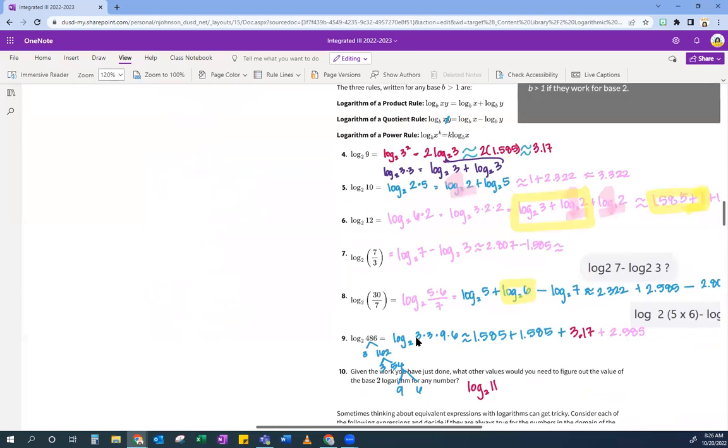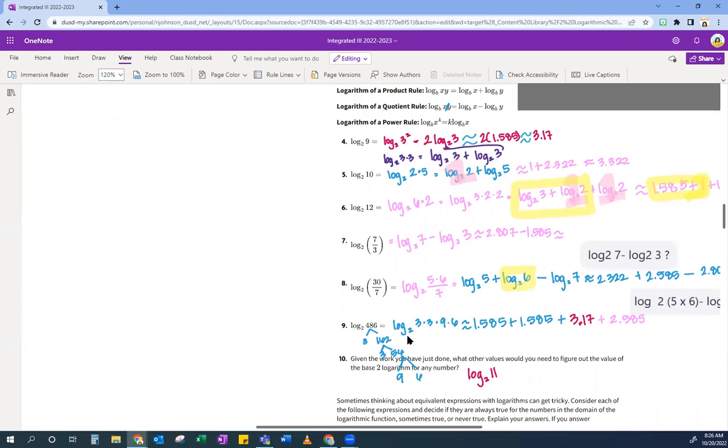So does anybody see a pattern? Log base 2 of 11 didn't work. Log base 2 of 13 didn't work.